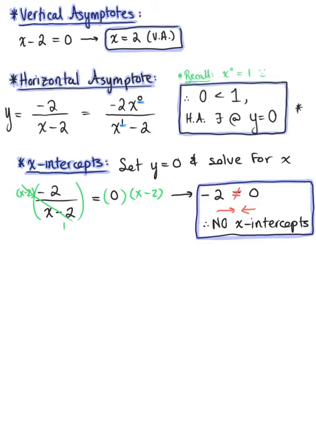Now, the next thing we want to be sure to identify when graphing rational functions is the y-intercept. So this is where the graph is going to be crossing the y-axis. So here we're going to set x equal to 0 and solve for y.